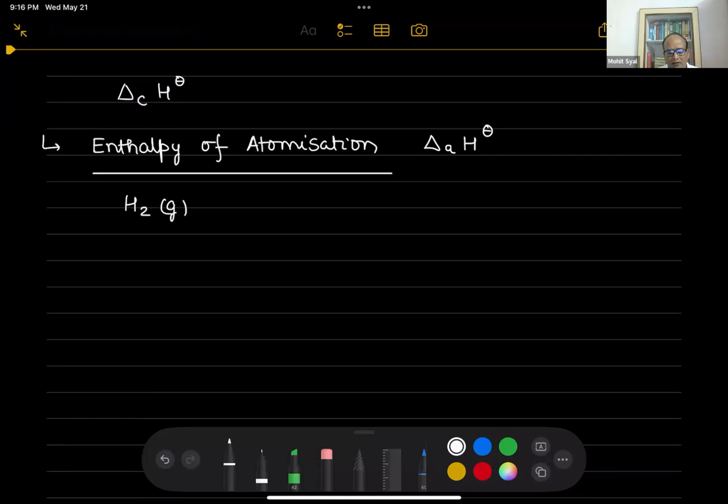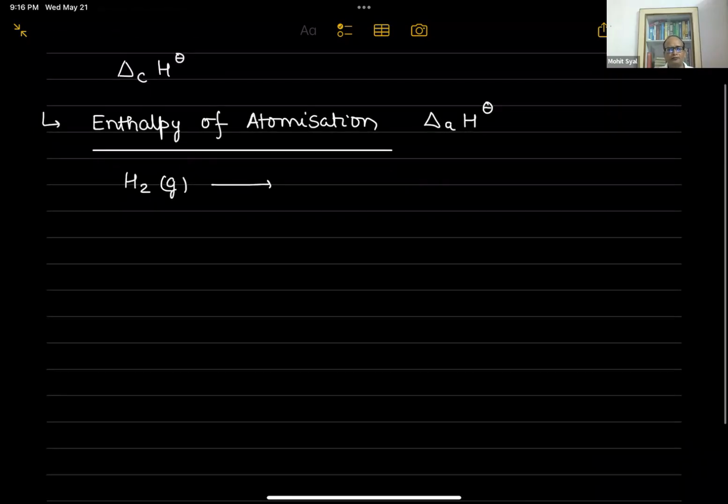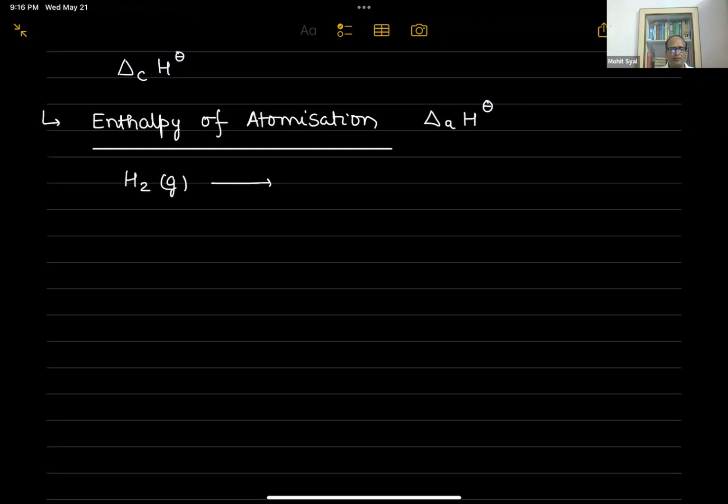Enthalpy of atomization is basically how much energy I should give to change a given molecule or substance completely into atoms. Is it clear? So this is enthalpy of atomization.